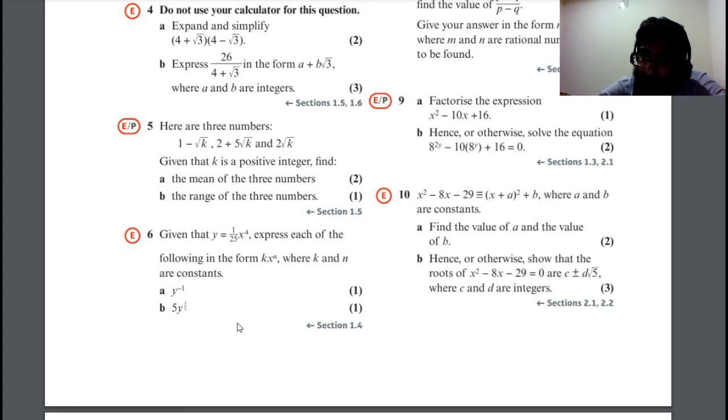Okay, so then I'd put 8^y as x, right? And then make it x squared minus and so on. So that means 8^y is equal to 8 and 8^y is equal to 2.